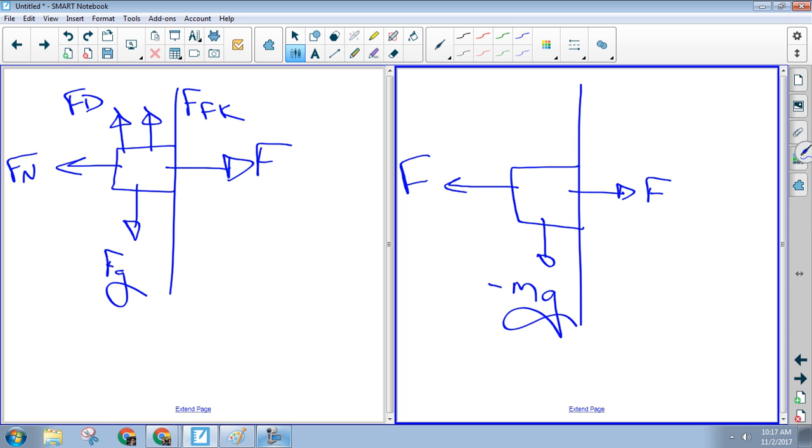I like the fact that somebody said negative, because it's pulling down. Force of kinetic friction is going to be mu k times F. Right? Because F is the same as my Fn. And then there's drag force. Good? So there's your free body diagram. Is everybody good with that?